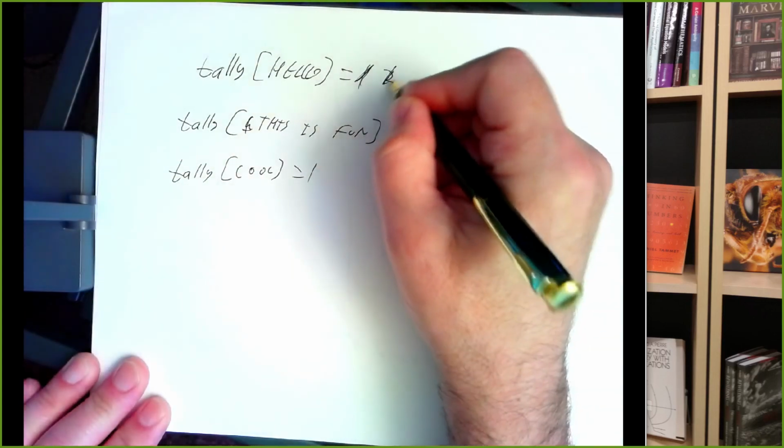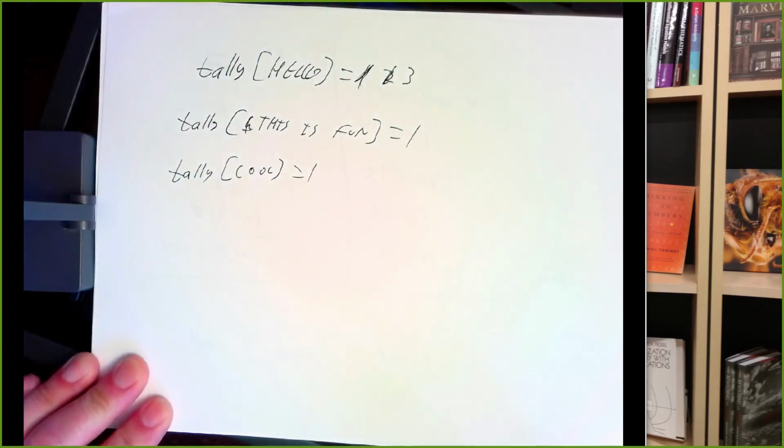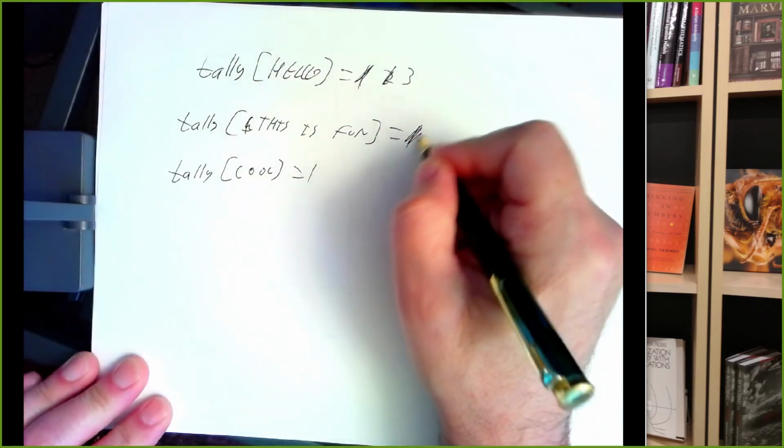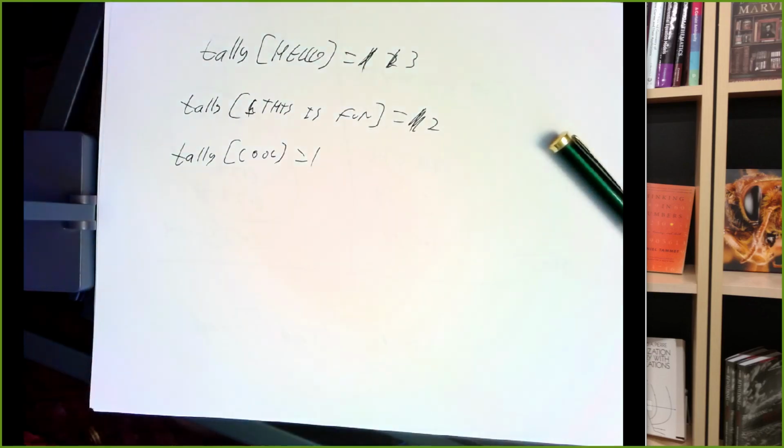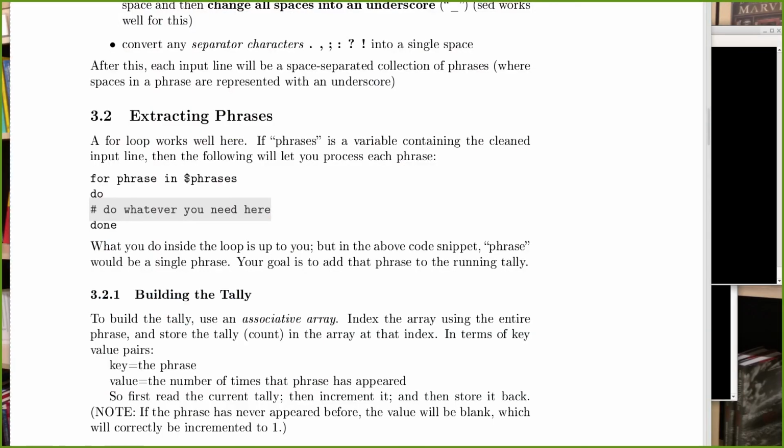I'll change this from a 2 to a 3. And then I see the phrase this is fun, and I say, oh, I've seen that once, so I'll change this to a 2. And we're building up this count of how many times each phrase appears. So that's what we're going to do with associative arrays.